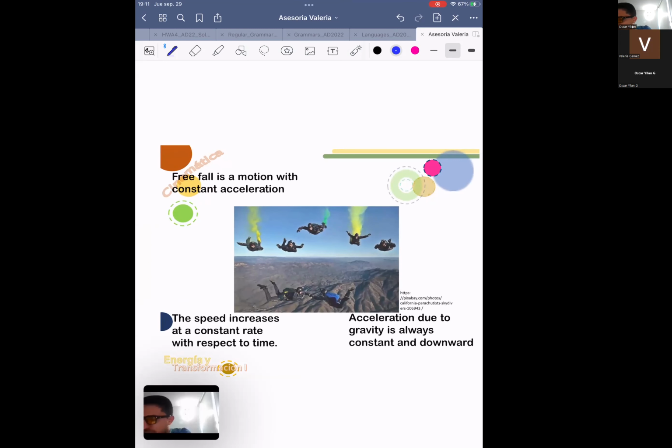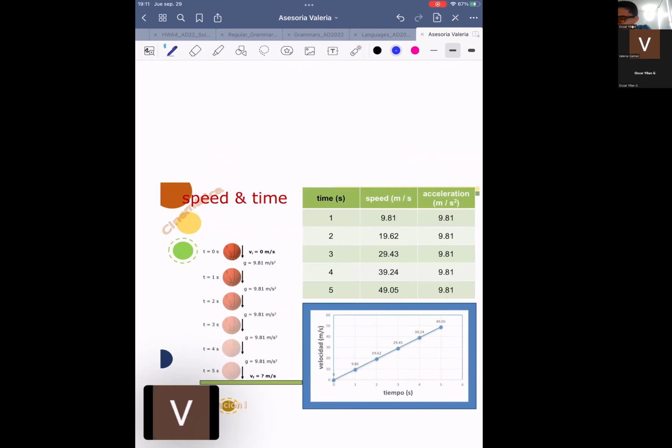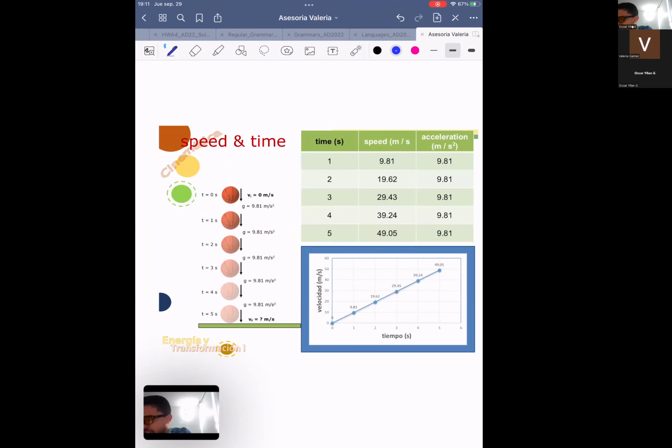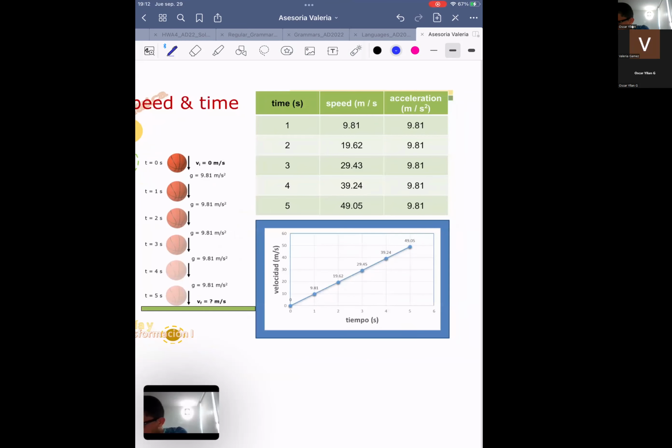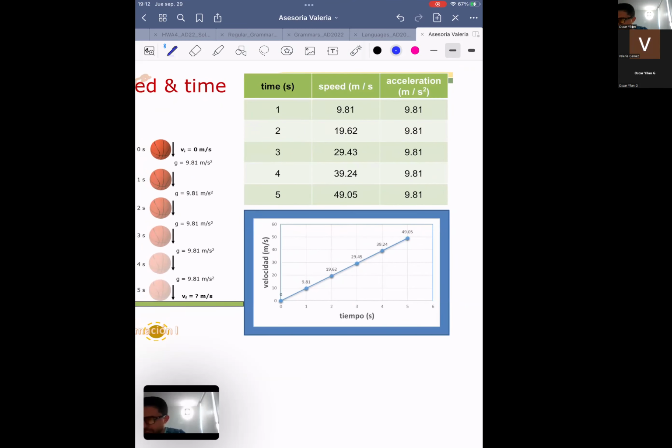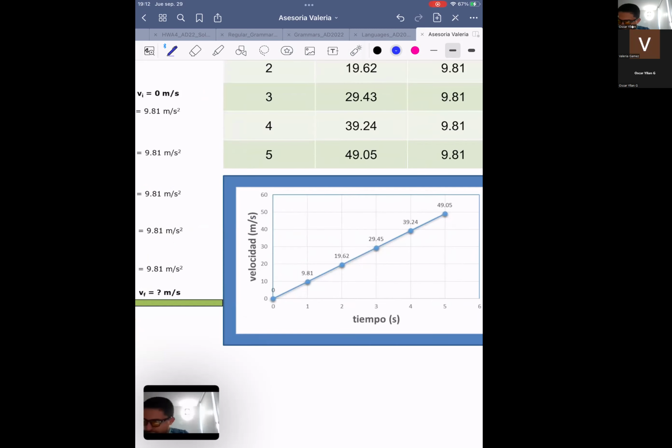It says free fall is a motion with constant acceleration. The speed increases at a constant rate with respect to time. If you remember, the definition of acceleration is delta v over delta t. Delta v is the rate of change, v2 minus v1, over t2 minus t1.